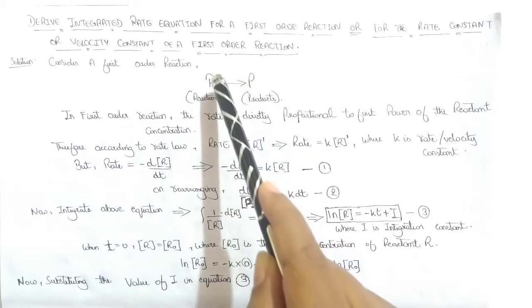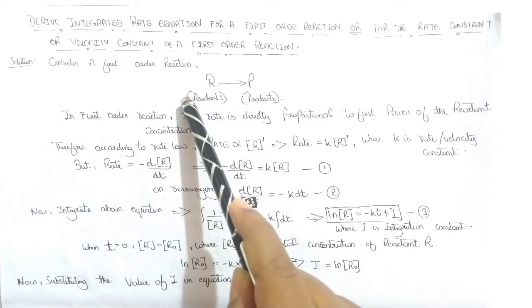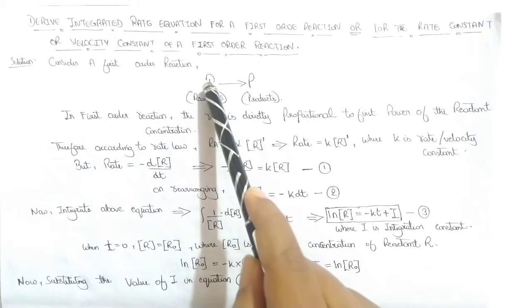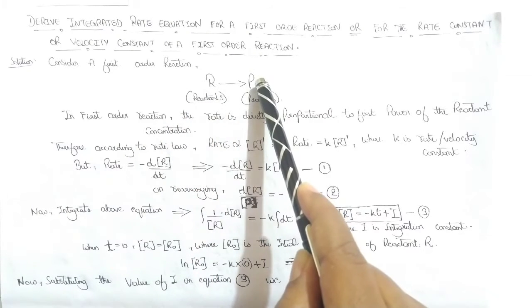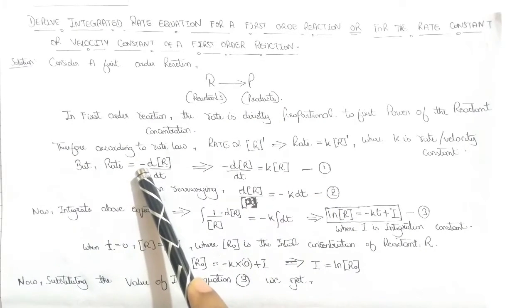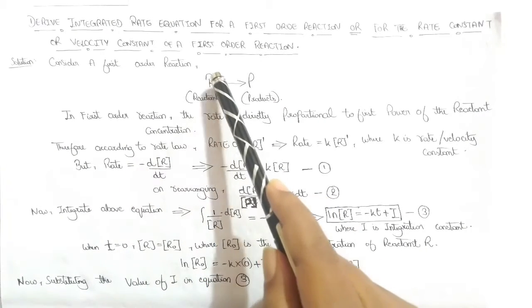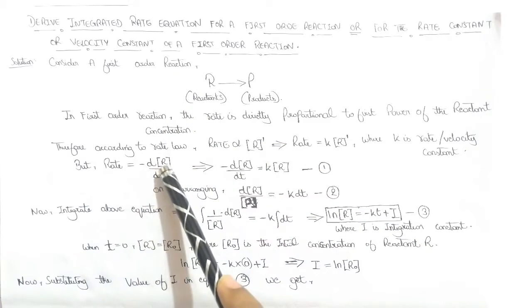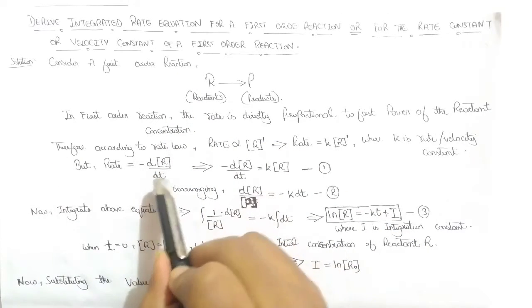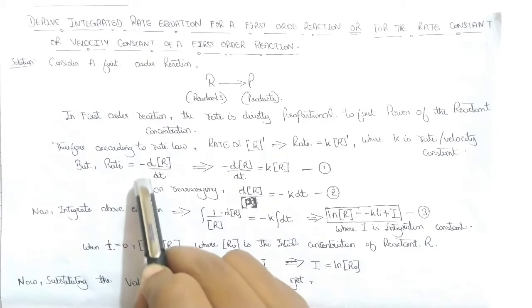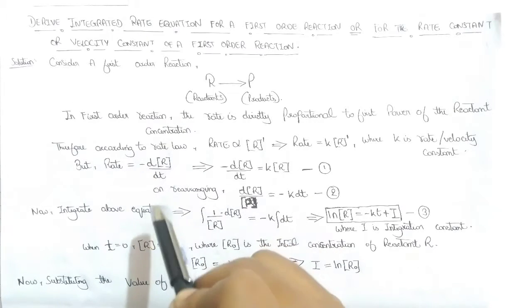After conversion there will be fewer reactants, or the amount of the reactants is low when compared to the amount of the product. So the negative sign is taken because the reactant concentration is decreasing with respect to time. This represents the differentiation of reactant concentration with respect to time, and the negative sign represents that it is decreasing.